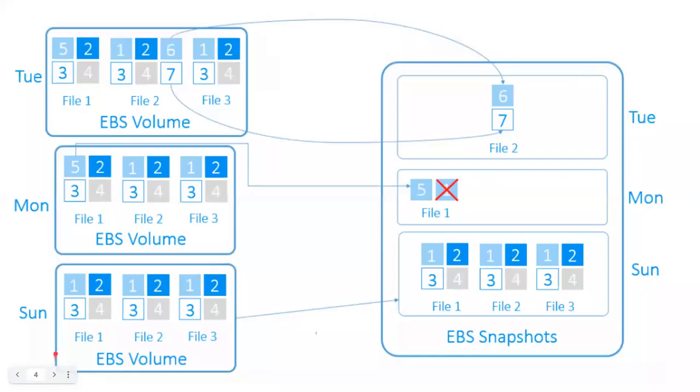Next, this is the incremental process of EBS snapshots. Let's see. On Sunday, you take a snapshot of your EBS volume, so all the blocks are stored here in the EBS snapshot. On Monday, five blocks are written, and then you again take the EBS snapshot.